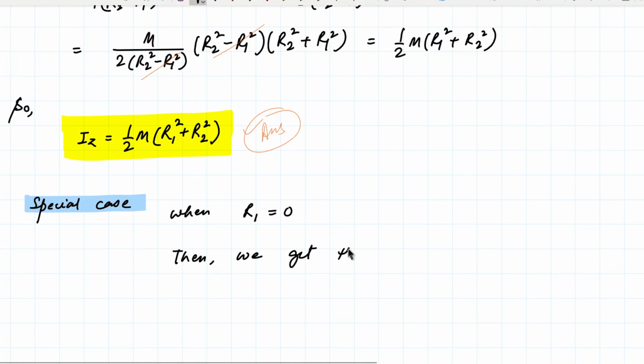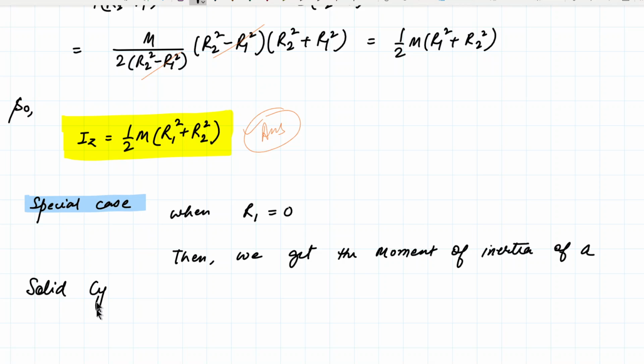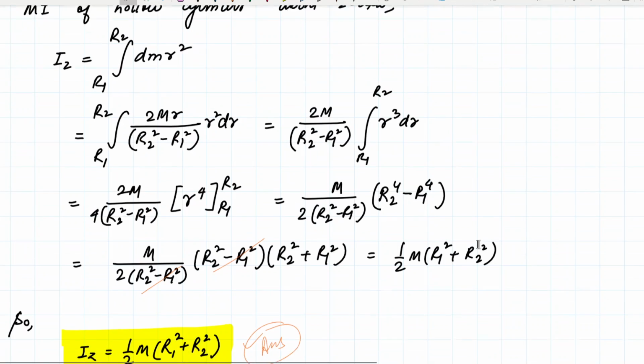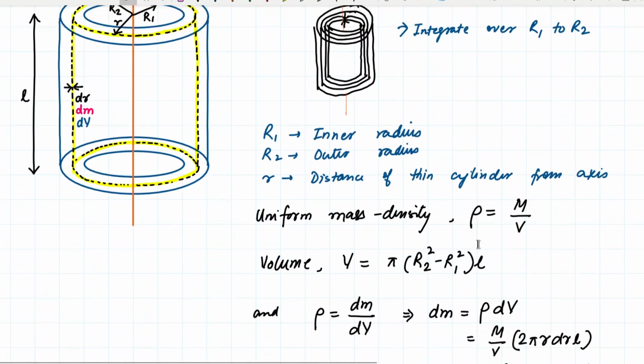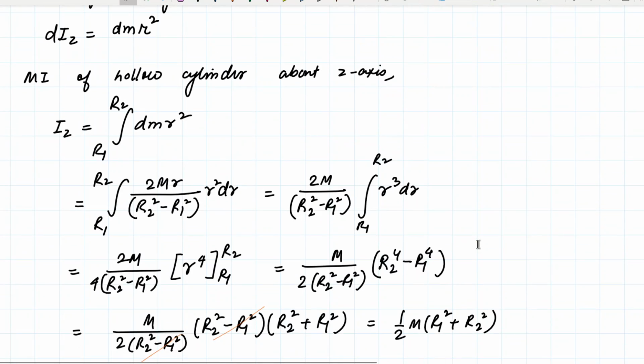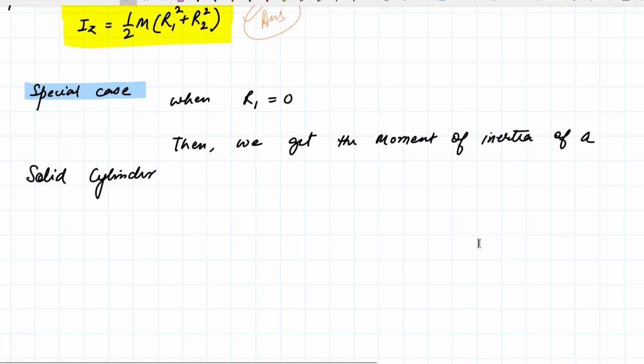Then we get the moment of inertia of a solid cylinder. अगर एग्जाम में सॉलिड सिलेंडर का find out करने के लिए आता है, आप यहाँ पे ये सब सेम करके यहाँ इंटीग्रेशन में ये 0 डाल देना बस, that's it, 0 to r डाल देना, बात खत्म. Then you will get the answer for a solid cylinder.